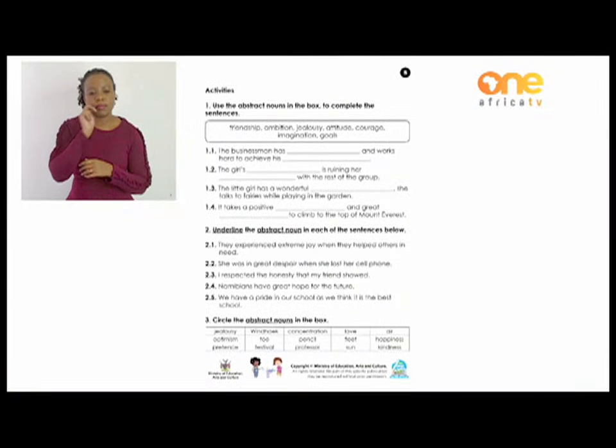Activity number 1. Use the abstract noun, jealousy, to achieve his goal. Let's quickly move on. The boy is our abstract noun. Still on the same page, we have nouns there, but they're also mixed with verbs, like the word love.